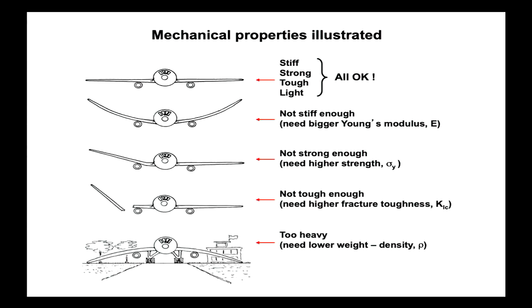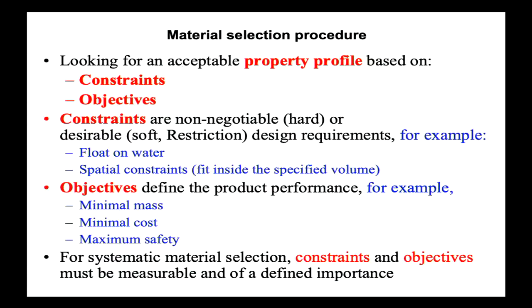Ultimate tensile strength versus fracture or crack propagation toughness, they're two totally different engineering properties. And again, bag of chips or bag of lollies made out of plastic, you get an idea just how easy it is to break the bag or open the bag one way, how difficult it would be the other way. So fracture toughness versus strength. And lastly, too heavy, the weight's too great, density's too high, the wings are sagging, really bad.